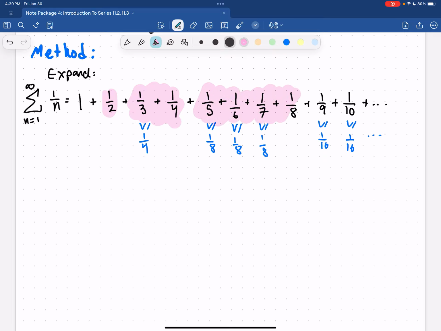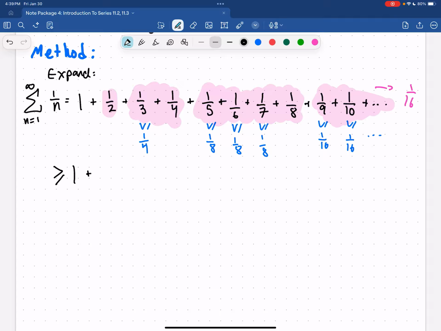And then we've got this set of terms, 1 over 5 to 1 over 8, and then 1 over 9 all the way to 1 over 16. We're saying this whole sum is greater than or equal to what we get if we replace everything with a smaller fraction, right?